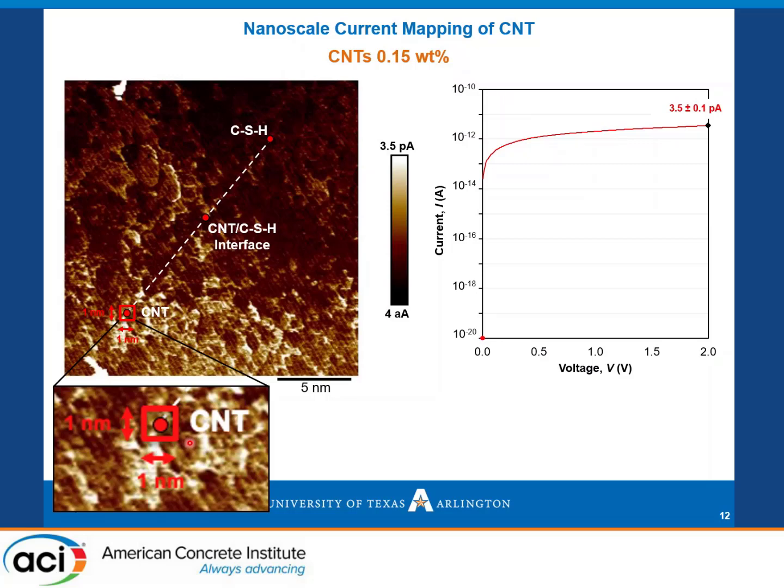And there, at that particular spot, we measure again the current by applying voltage. And here, in this graph on the right part, we see the current to voltage curve on 1 nanometer spots at the CNT area. And indeed, we found this light color area at 2 volts corresponds to 3.5 plus minus 0.1500.